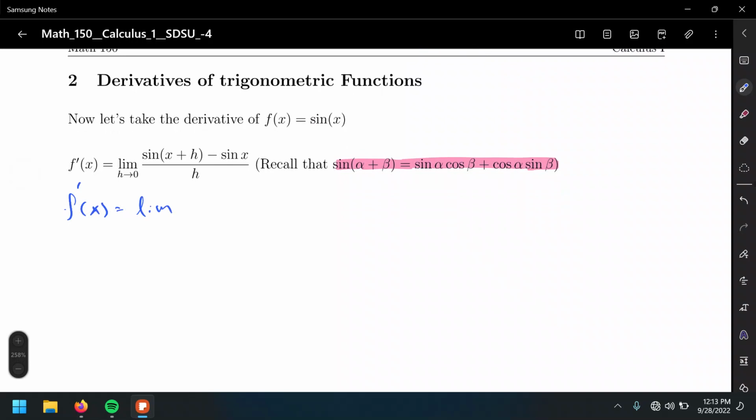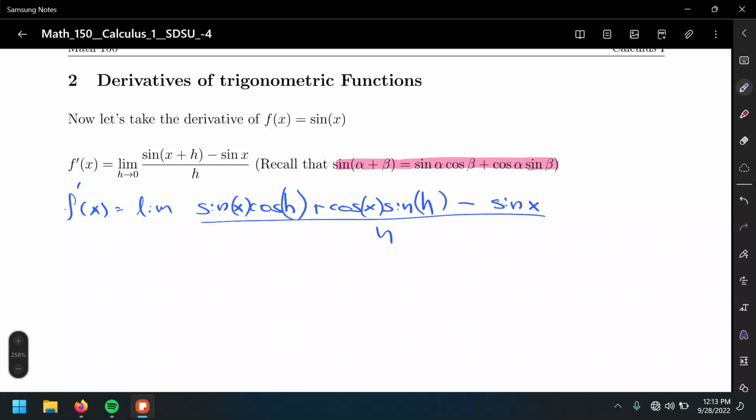So in this case, that's sine x cosine h plus cosine x sine h, minus sine x, and then the whole thing divided by h as h approaches 0.